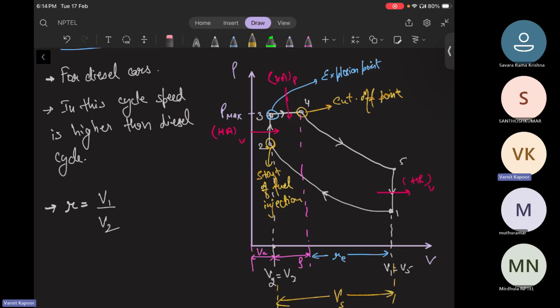All right. So what I was saying in the last is that the compression ratio is from V1 to V2. Clearance volume we have made, the volume we have defined. Let us define all the remaining terminologies. So we were here at r equals V1 by V2. Now what will be the cutoff ratio? So this is compression ratio.